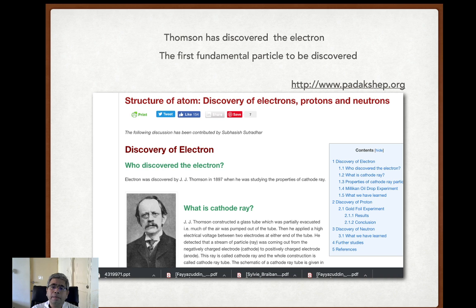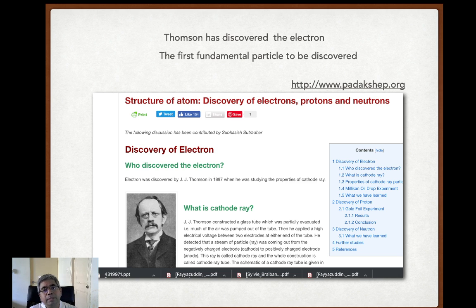Now with this, the first particle which has been discovered, typically you say that it is an electron. The electron was discovered by J.J. Thomson in cathode rays.